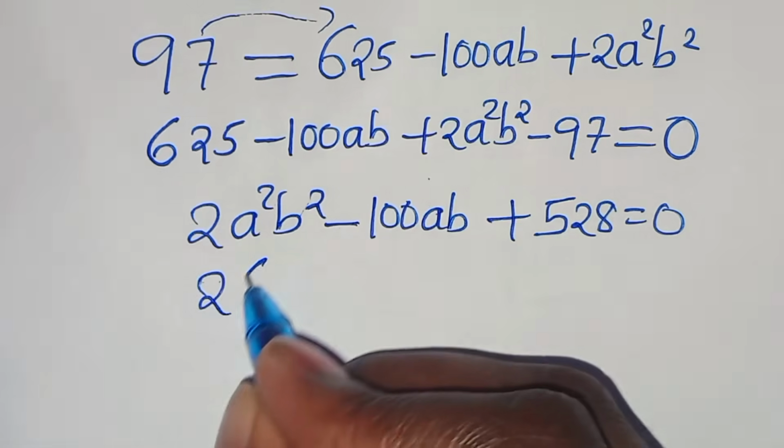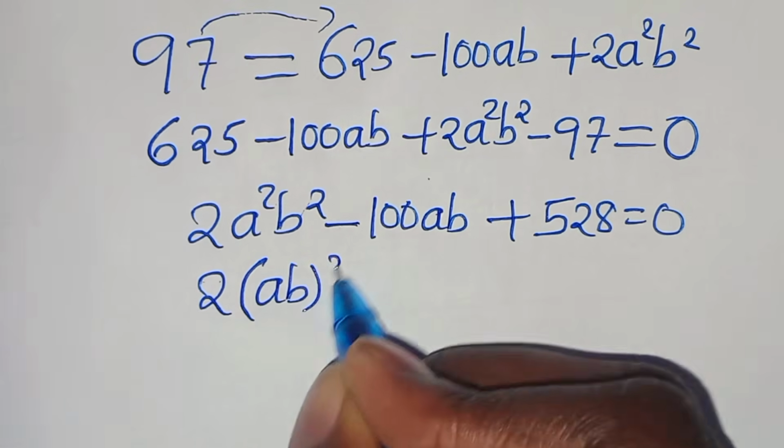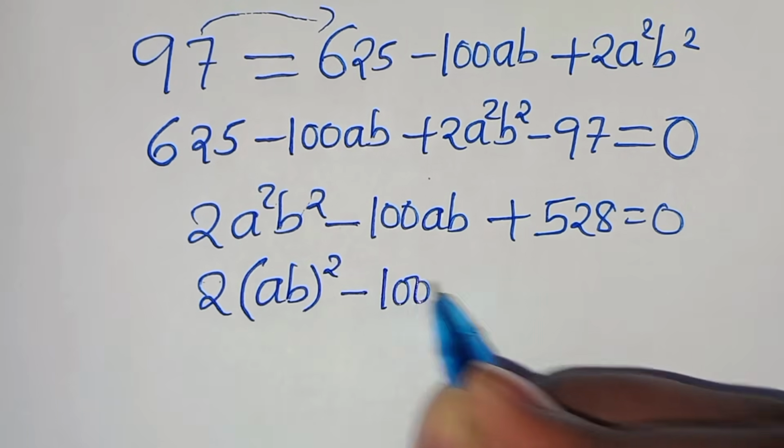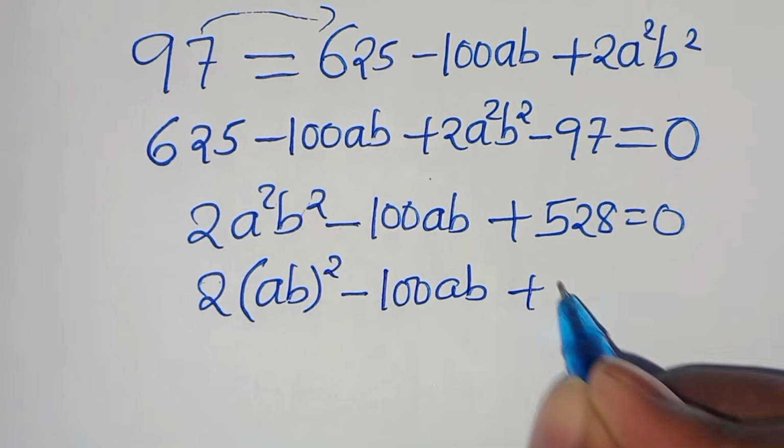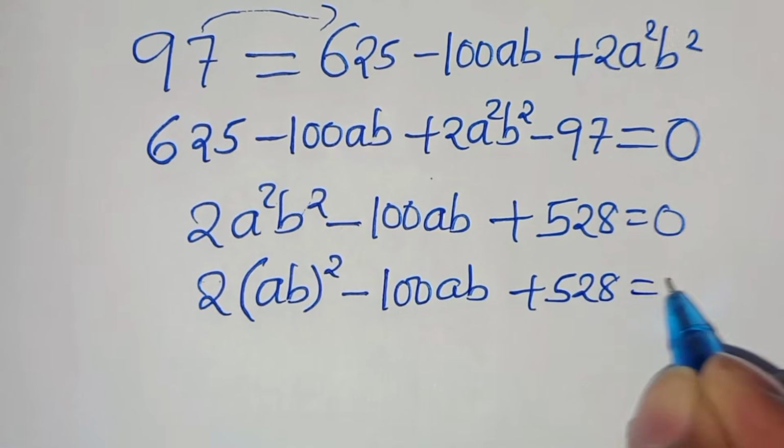This can be expressed as 2(ab) squared minus 100ab plus 528 equal to 0.